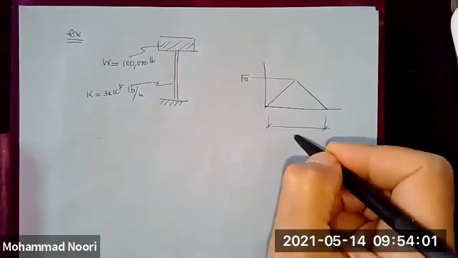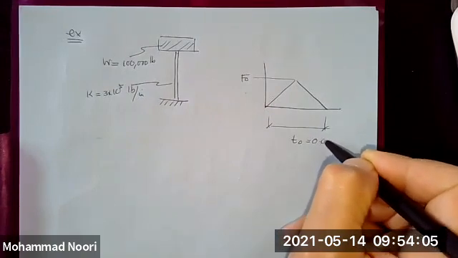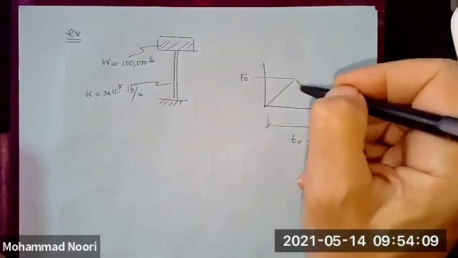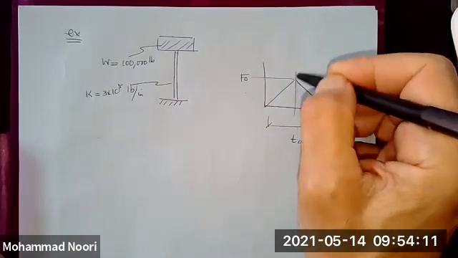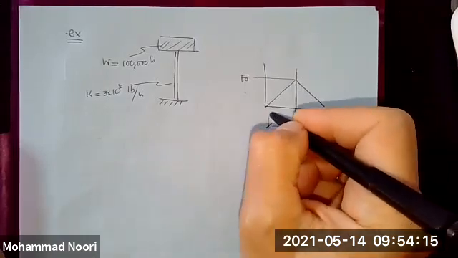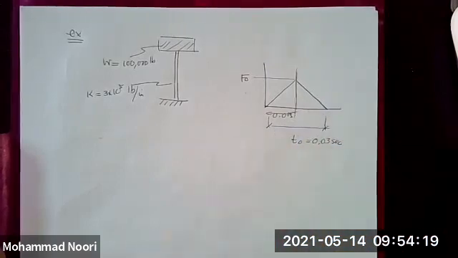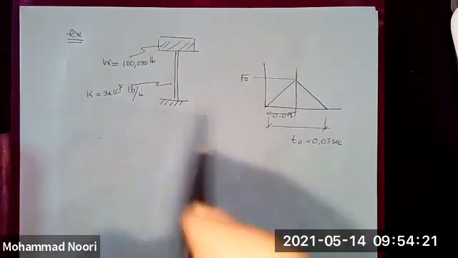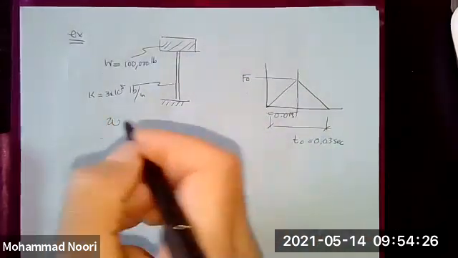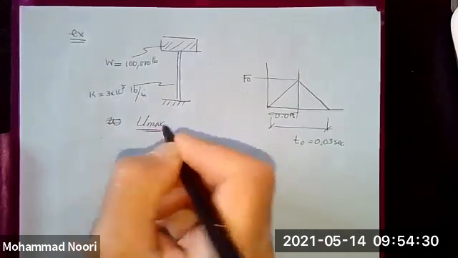Let's call that T naught, which is only 0.03 second. So the load is symmetric, and half of that duration is 0.015. Okay, so we want to find again the maximum displacement of this system.